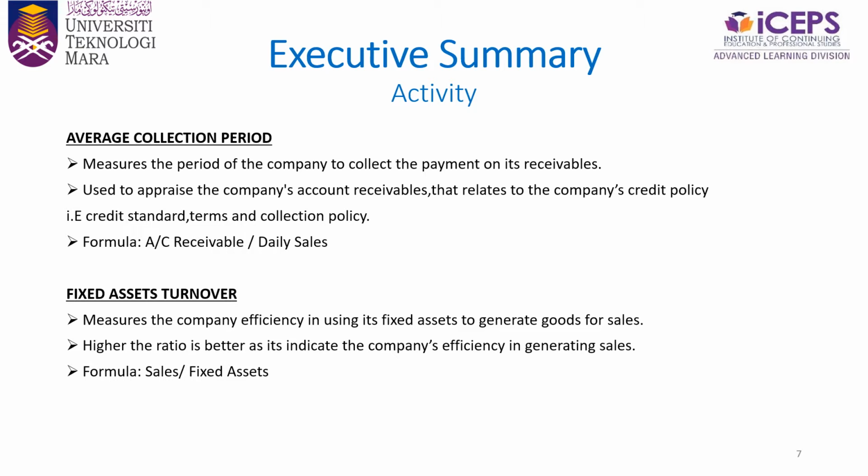As for fixed asset turnover, it measures the company's efficiency in using its fixed assets to generate sales. The higher the ratio, the better, as it indicates the company's efficiency in generating sales. So the formula is sales over fixed assets.